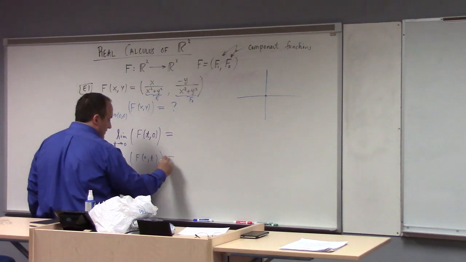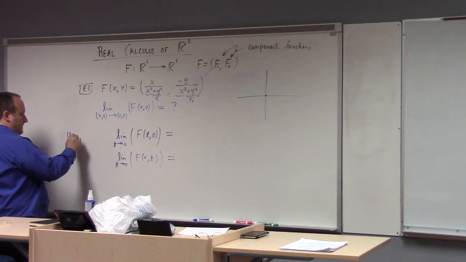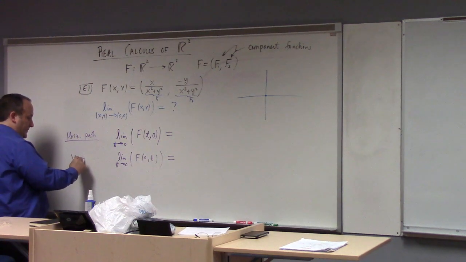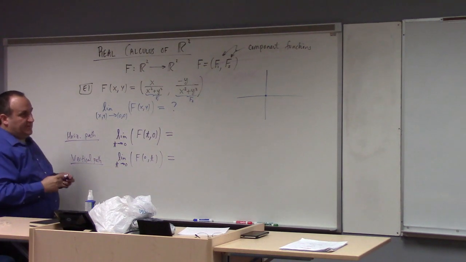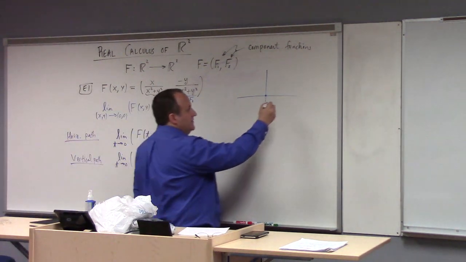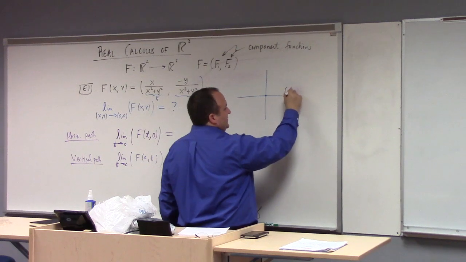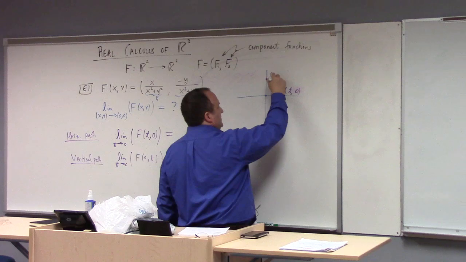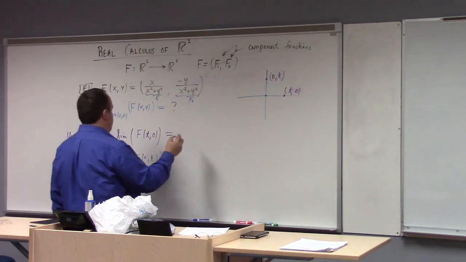This would be the horizontal path, and this would be a vertical path, through the origin. Here's your typical (t, 0), and here's your typical (0, t). And what do you get?